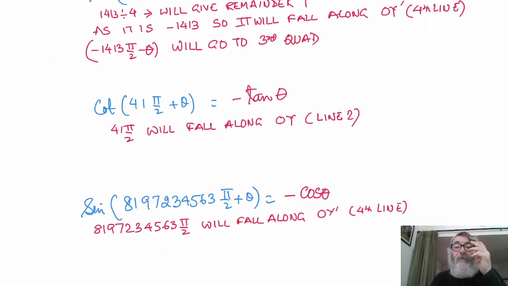So the signs with the answers depend upon the trigonometric ratio which is on the left. Like sine, we are saying it is going to fall in the fourth quadrant. In the fourth quadrant, only cos and sec are positive, not the answers. Here we start with sine, so sine will be negative.